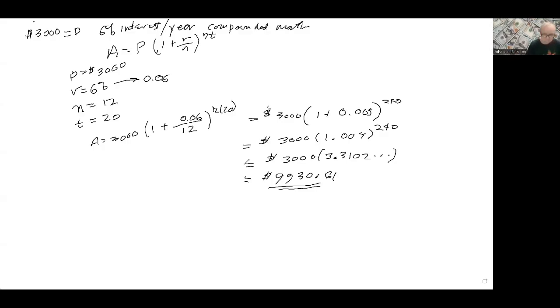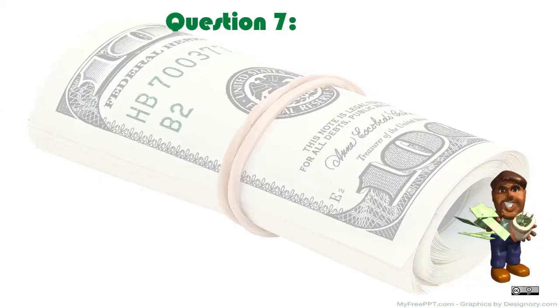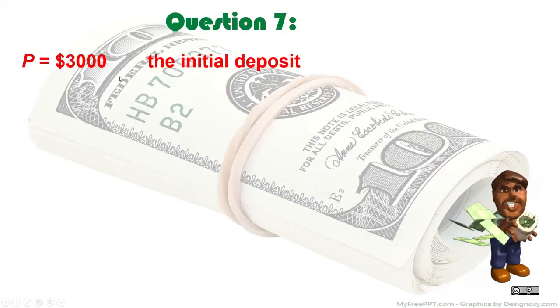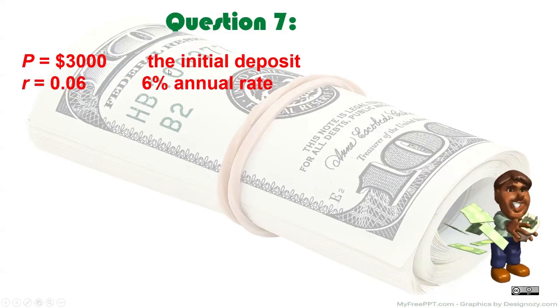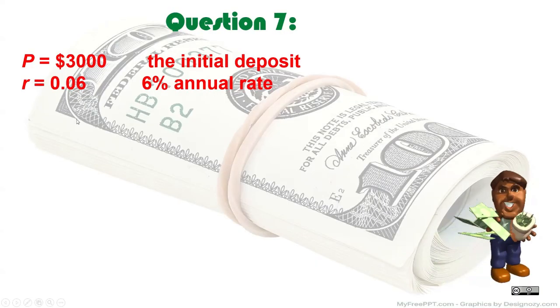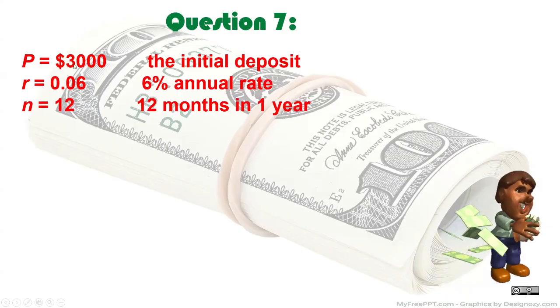In reviewing what we did on the whiteboard, we know that our principal is $3,000. That's the initial deposit. Our rate is a 6% annual rate, so we convert that to the decimal 0.06. Our N is 12 months because there are 12 months in 1 year.